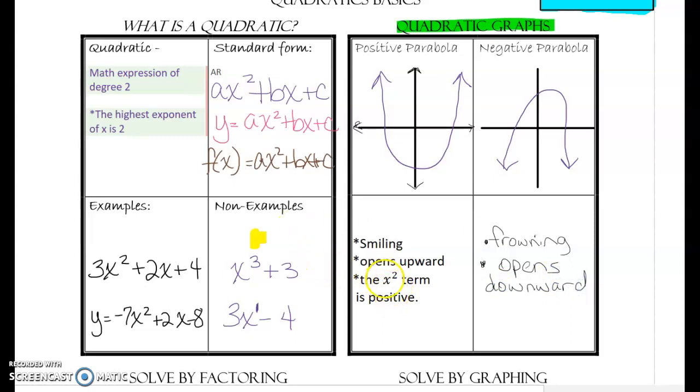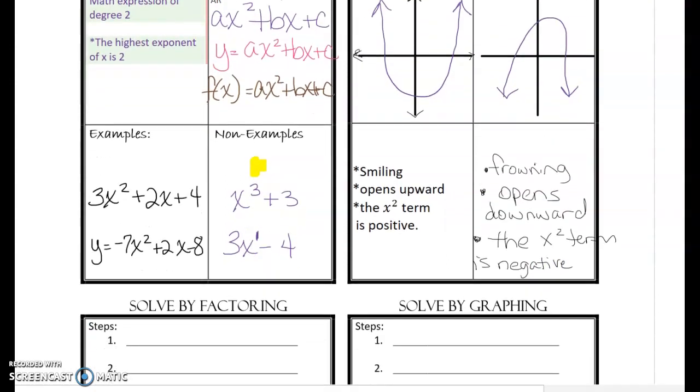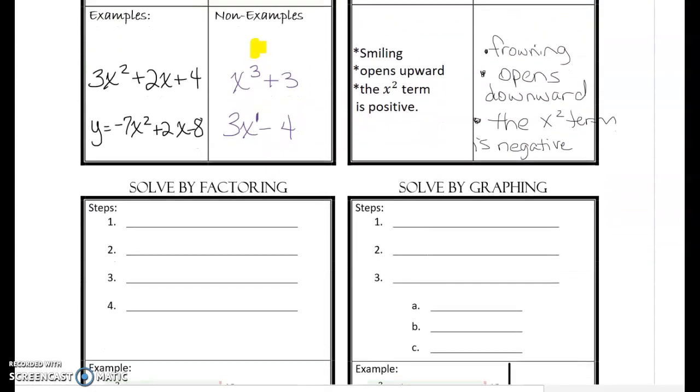So if the positive parabola has an x squared term that is positive, a negative parabola has an x squared term that is negative. So anytime you see a negative x squared term, you should know that your parabola is going to be upside down. It's going to be frowning.